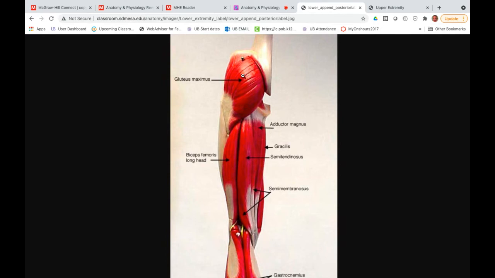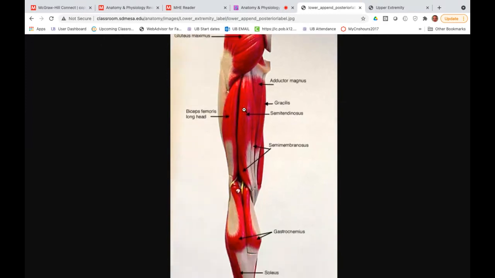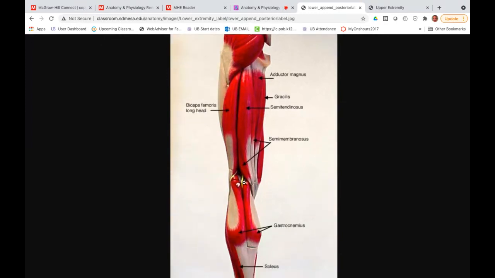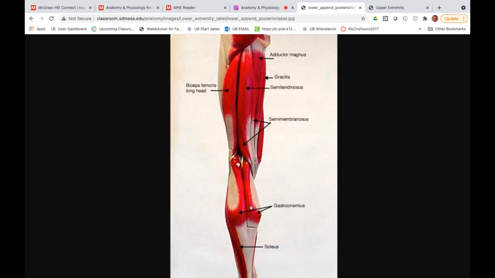So gluteus maximus would be primary hip extensor, synergistic would be the hamstrings that can extend the hip. Synergy means it helps it along, synergistic. The hamstrings are primary knee flexors, but the gastrocnemius are synergistic. They help it along.